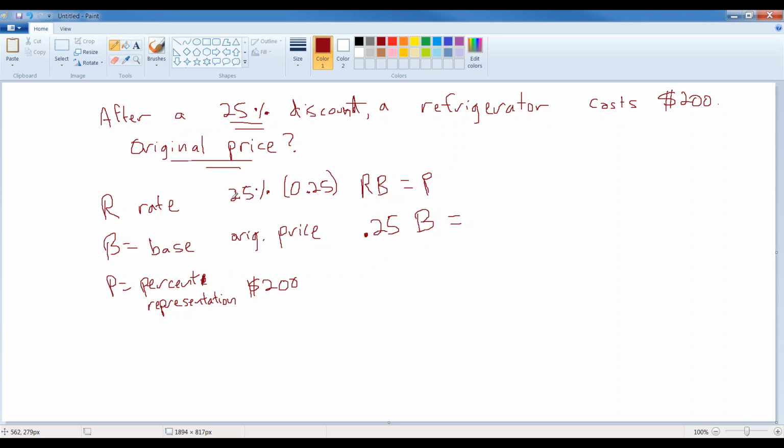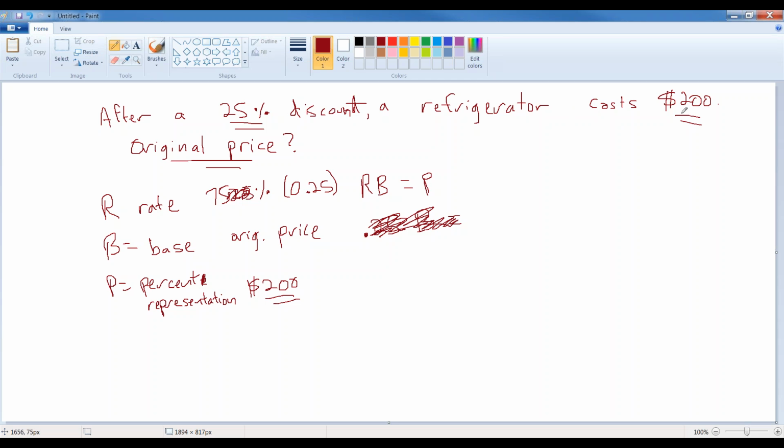The amount that you actually are paying, the $200, is not 25%. The $200 is after a 25% discount. So the rate is actually 75%. I think that's probably what confuses a lot of people doing these kinds of problems. The 25% is just the discount.